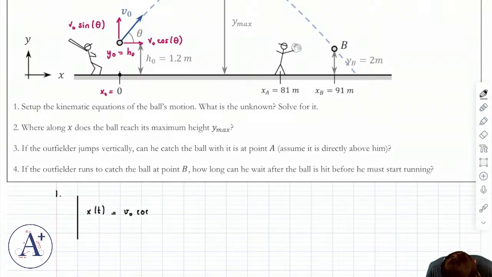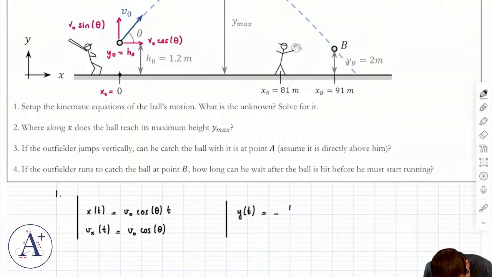is V0 cosine theta t, Vx of t is V0 cosine theta, and then y of t is going to be minus 1/2 gt squared plus V0 sine theta t plus H0.